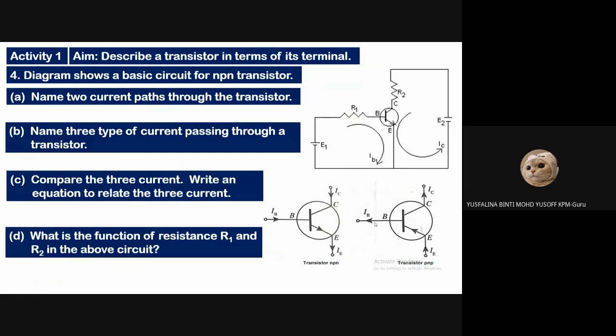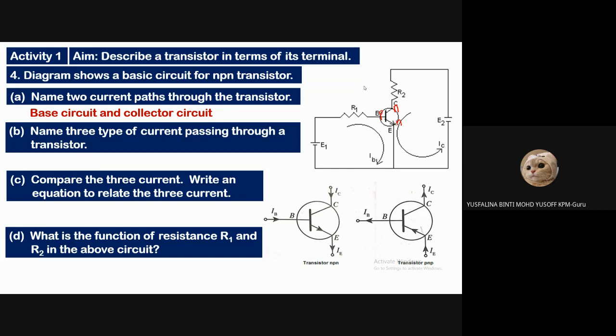Describe a transistor in terms of its terminals. The diagram shows a basic circuit for an NPN transistor. This is the basic circuit. It says, name two currents passing through the transistor.